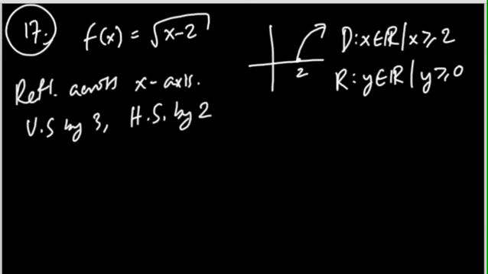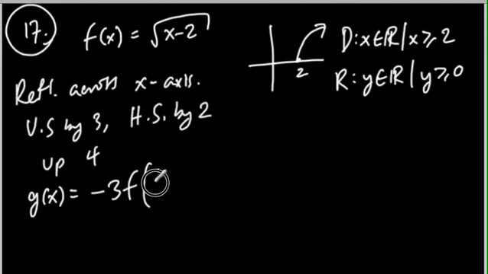And up 4. Alright. So g of x basically is, since reflection across x, so it's negative. Vertical stretch by 3, so it's negative 3f. Horizontal stretch by 2, which means it's half of x. There's no left or right, so I can just close the bracket there. Up 4, so that's plus 4. And that's what it looks like.